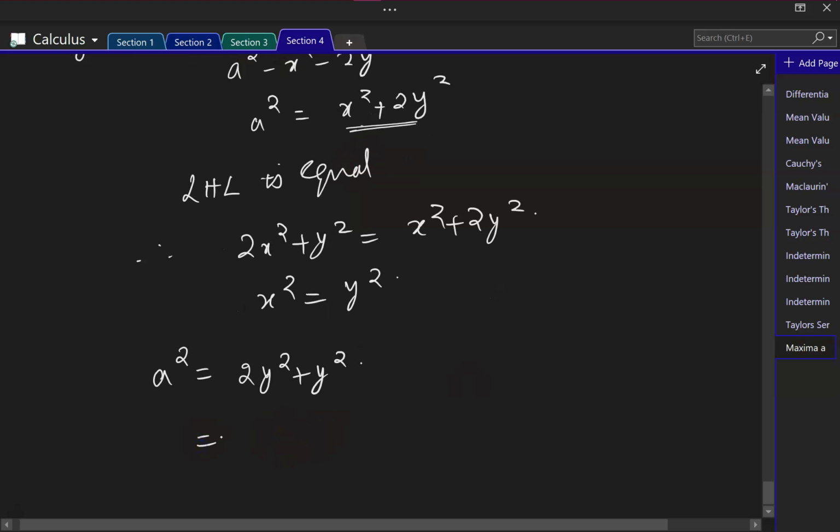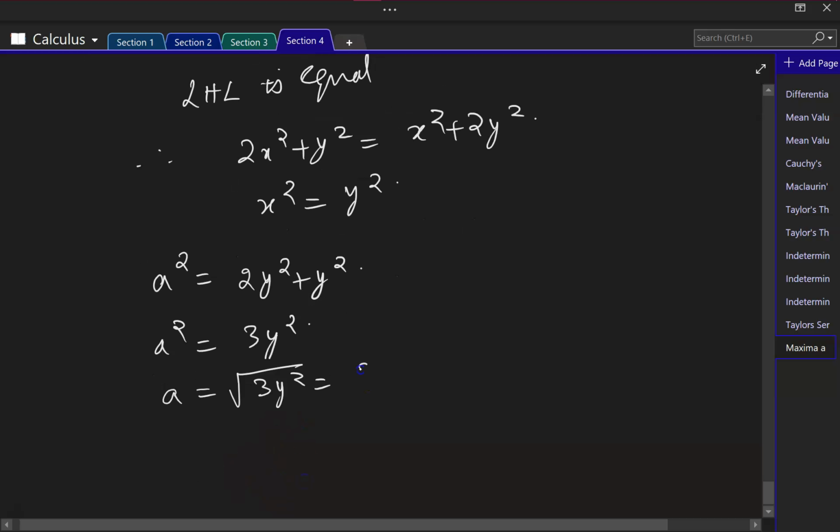So this becomes 3y square, which means y is equal to a by square root of 3. Now since x and y are equal, x is equal to a by root 3.